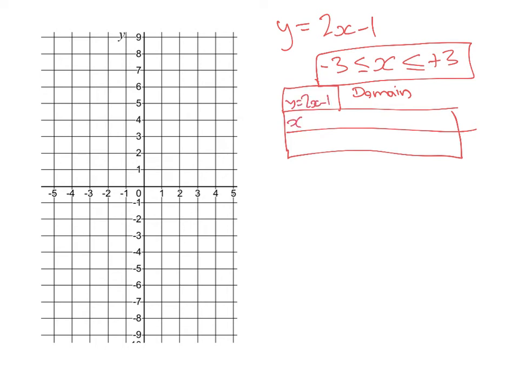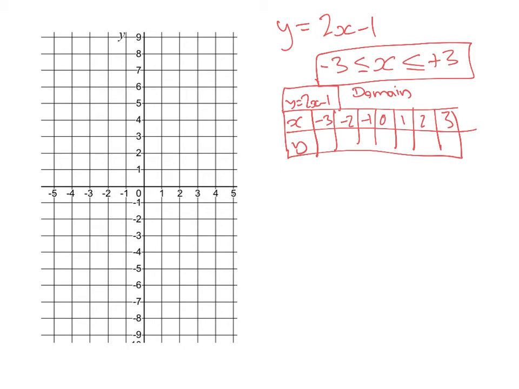Then it's got a row for x values, the inputs, the domain, and then a row for the y values, the output values, which gives you the range of this graph. So we have x's are -3, -2, -1, 0, 1, 2, and 3.